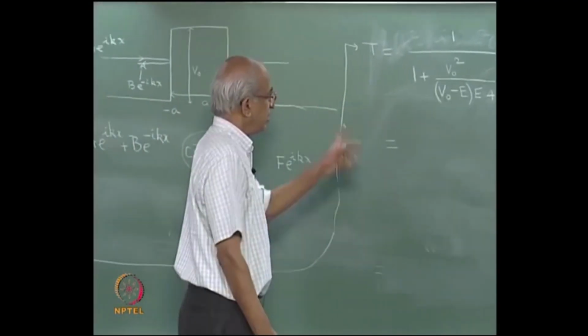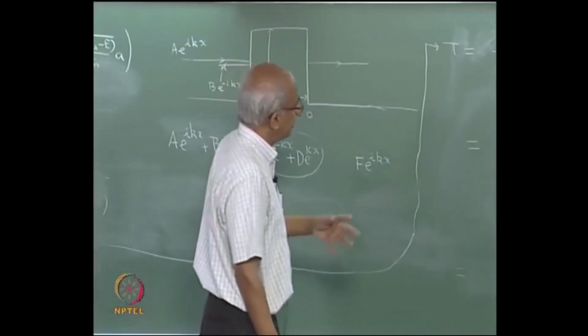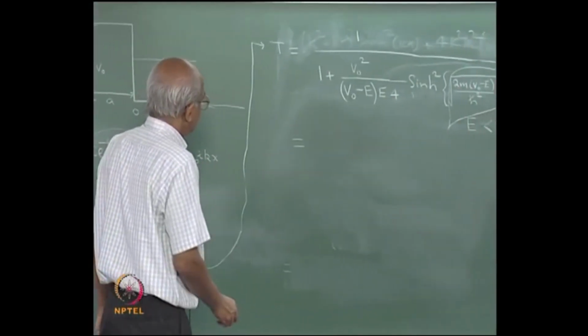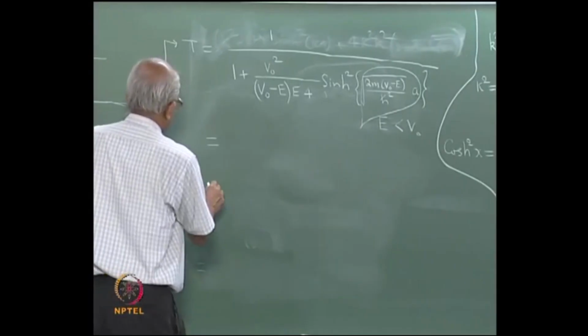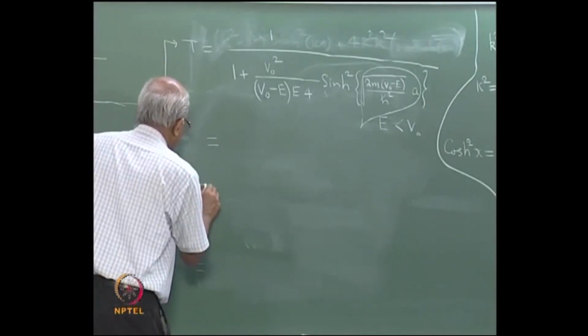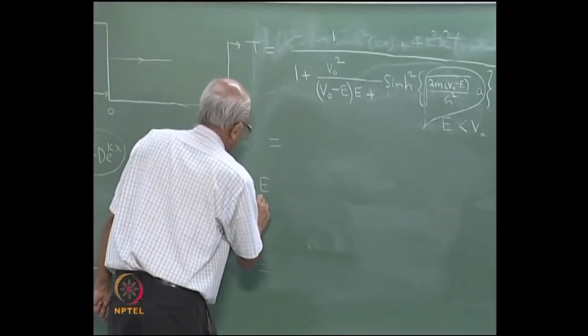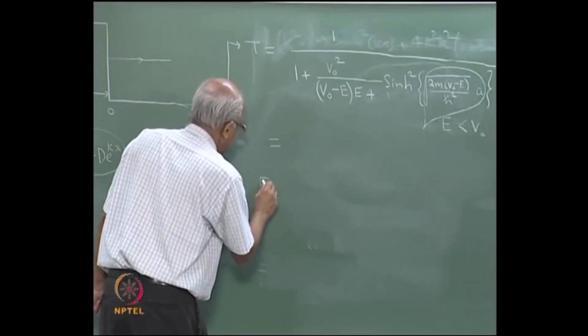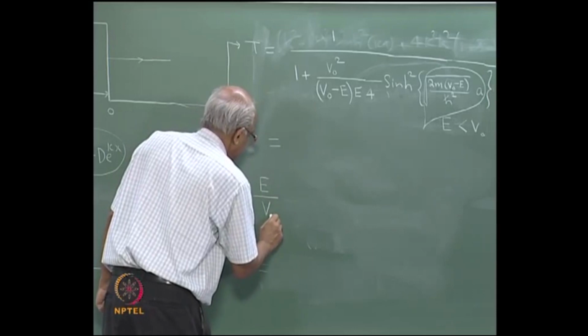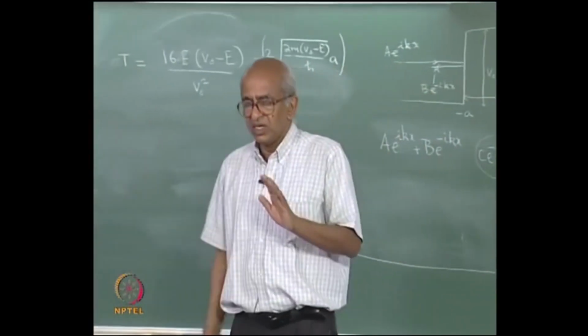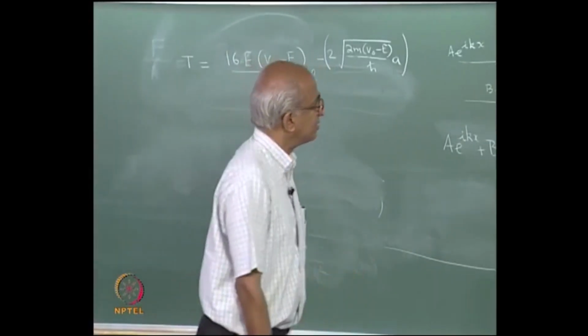And in order to make the plots, you see, I shall make use of some variables which do not have dimensions. So, what I shall do is, I shall measure the incident energy of the particle. Incident energy of the particle is E. So, I shall think of having the variable E divided by V0, and you can see E is energy, V0 also is energy. So, E by V0 is dimensionless.